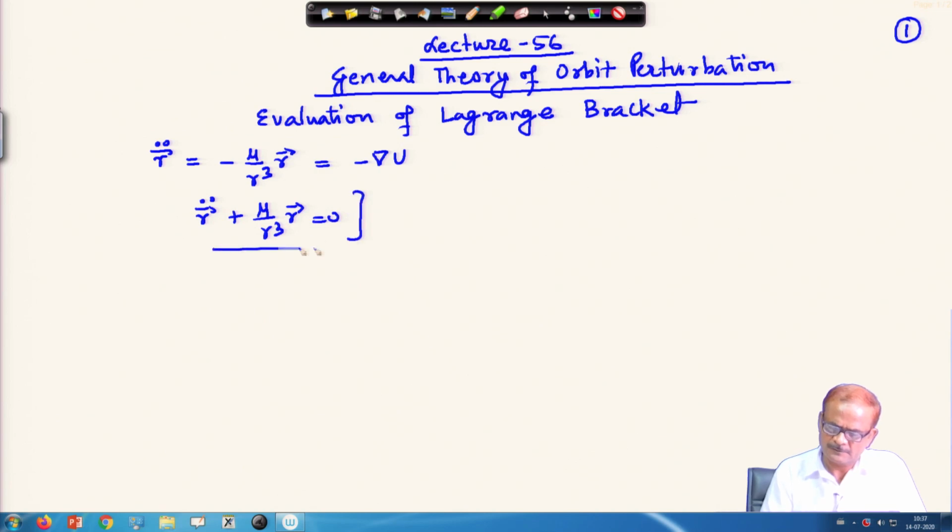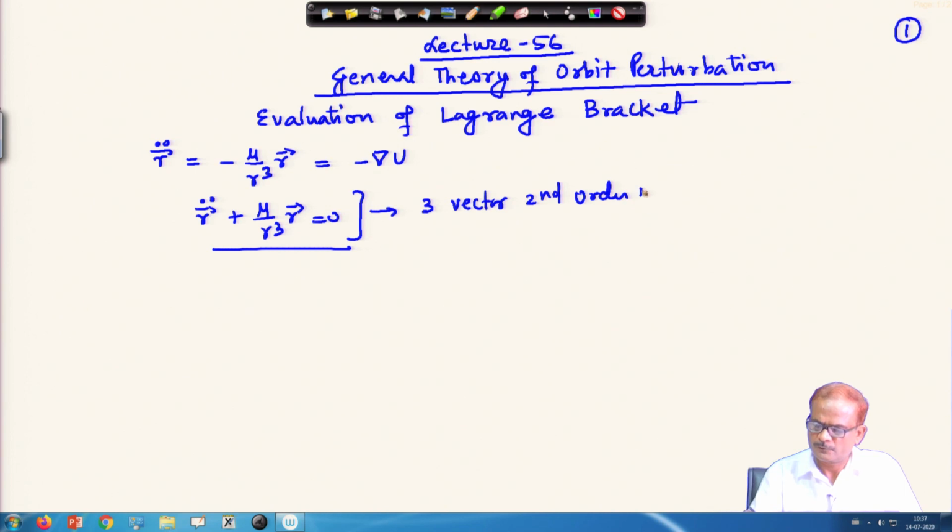Because this is a vector equation, it consists of 3 scalar second order differential equations. So, a total of 6 constants are involved in this.